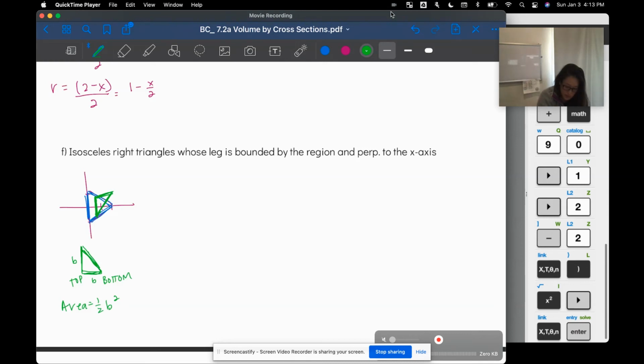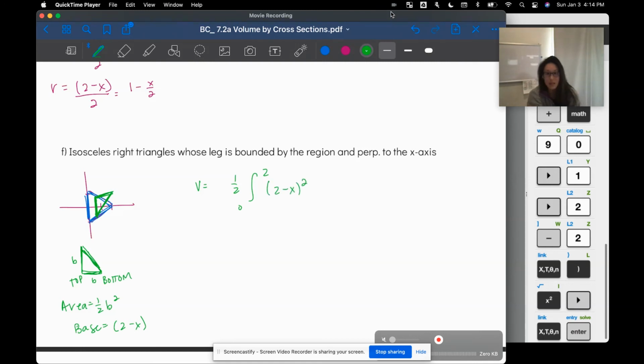So I'm going to say the volume is equal to 1/2 times the integral from 0 to 2. That's the depth. Times the base, and the base is the top curve minus the bottom curve. The top curve minus the bottom is equal to 2 minus x, so I end up with (2 minus x) squared.